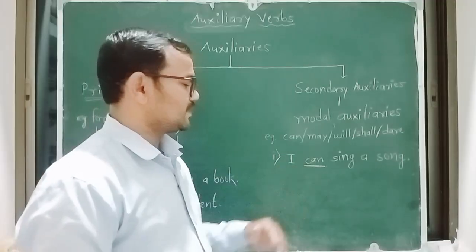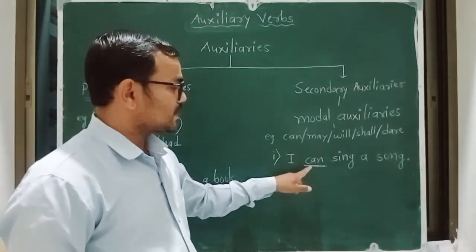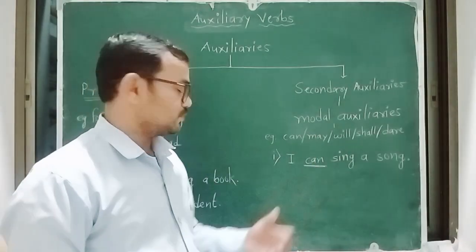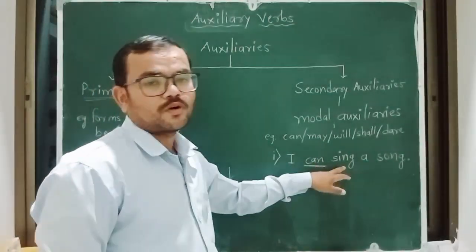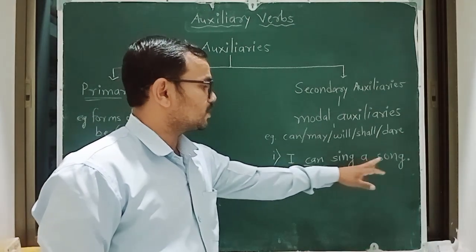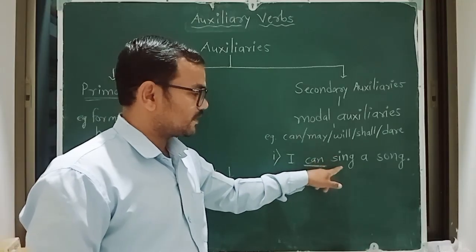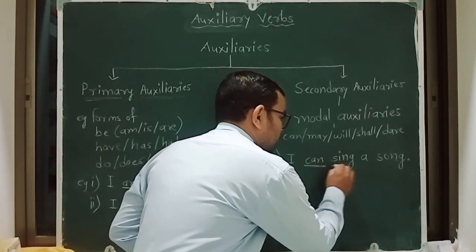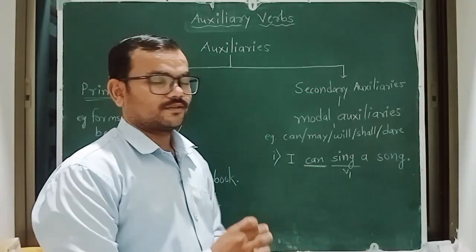Actually, modal auxiliaries are those auxiliaries which are always followed by the root form of the verb. If you see this example, I can sing a song, right? So can is followed by sing, and sing is the root form of the verb, V1.